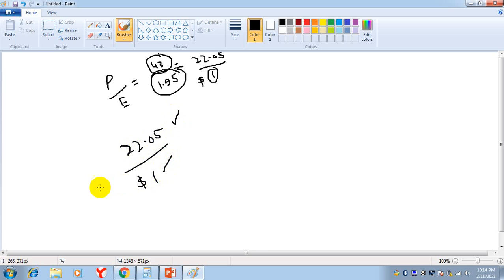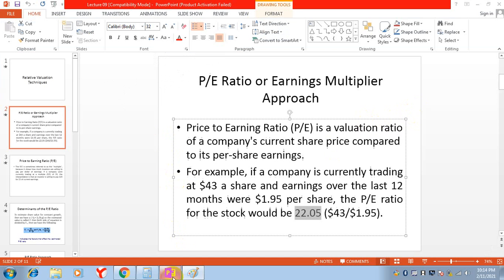So this is called price to earning ratio, that for earning $1 profit, you are paying $22.05. This is called price to earning ratio.